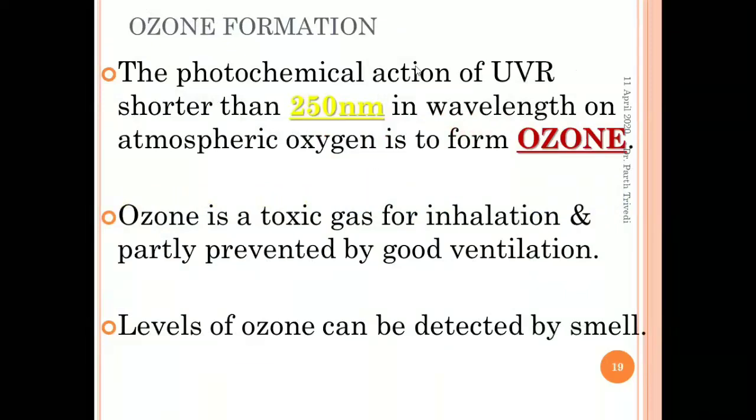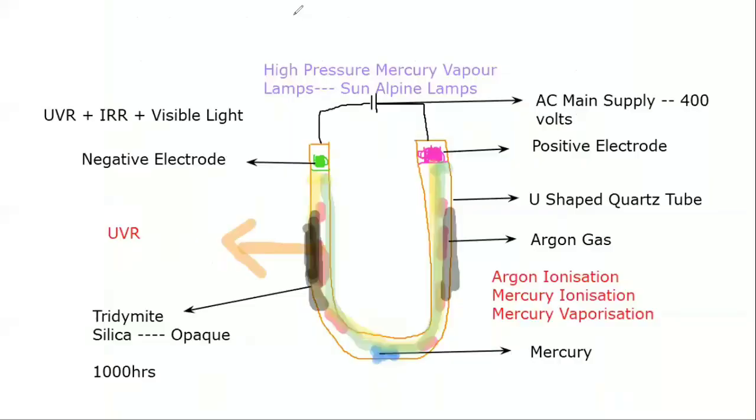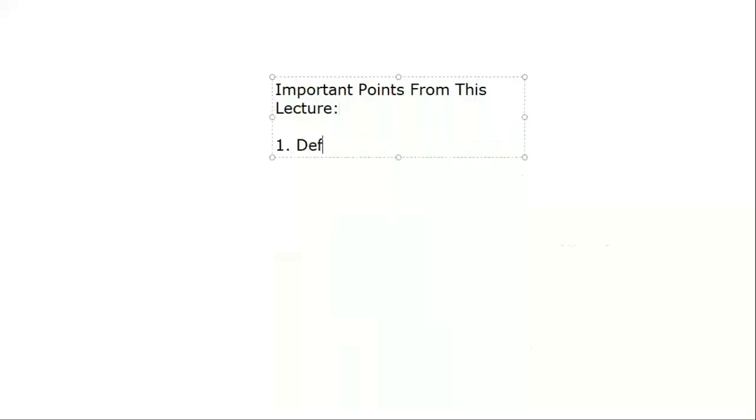So with this, what are the points we are taking through this lecture? What we have learned? Important points from this lecture. First point, define electromagnetic spectrum.